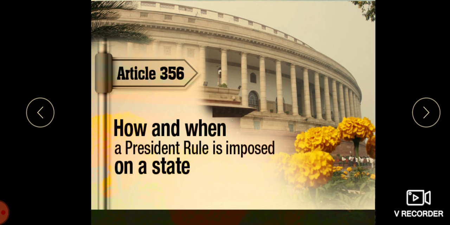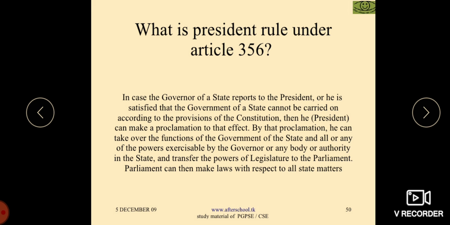We are also having the Central Home Ministry. So let us know a little bit about the President's Rule under Article 356. In case the Governor of a state reports to the President that he is satisfied that the government of a state cannot be carried on according to the provisions of the Constitution, then the President can make a proclamation to that effect.